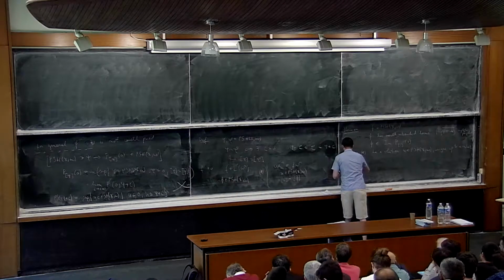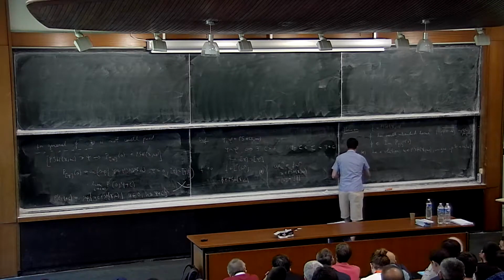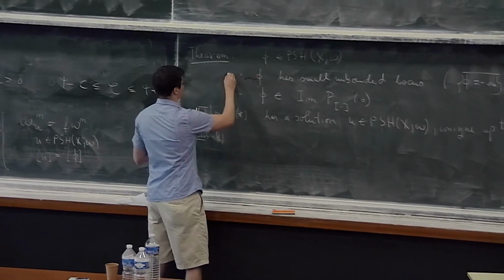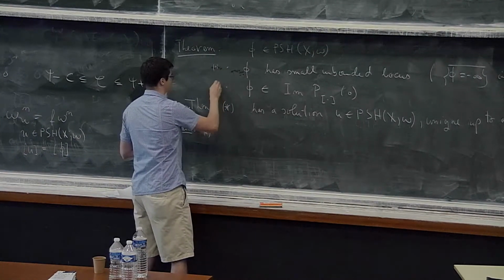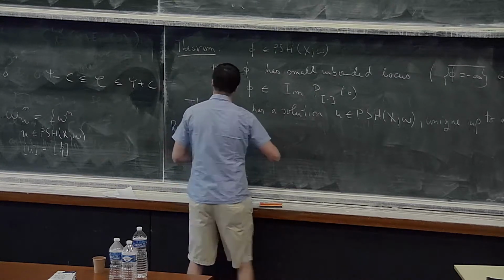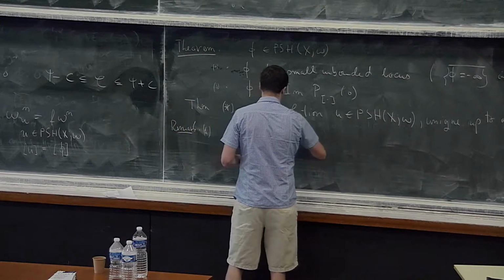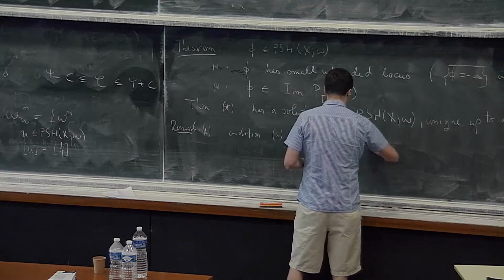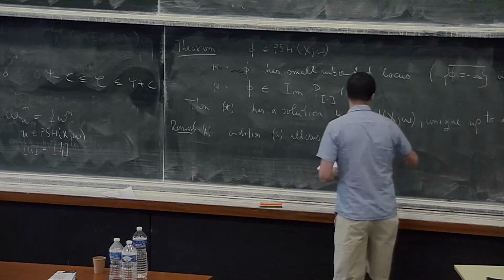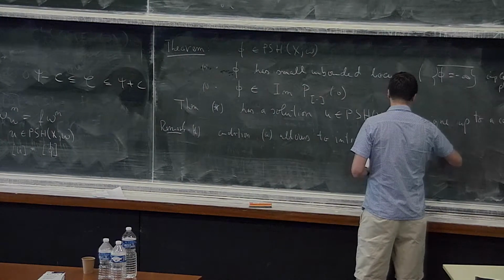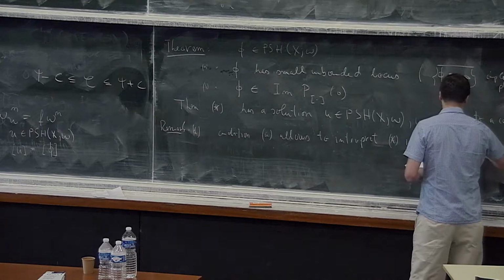So maybe that should be my first remark. There will be plenty of remarks. So number one, let this condition be, I don't know, maybe A, and the other condition B. So condition A allows to interpret star in the sense of Bedford-Taylor.